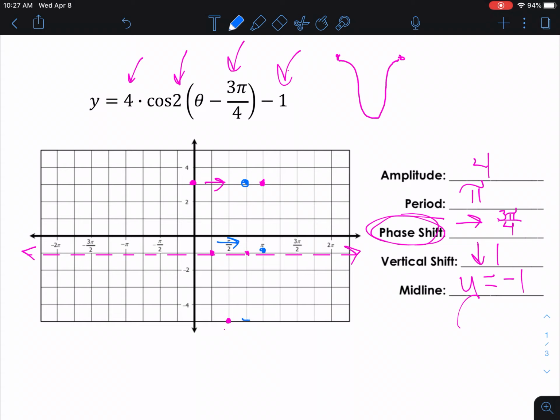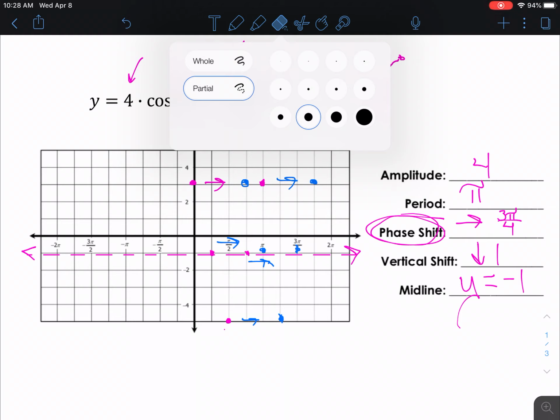And then this, I'm going to move 3 over here. And then 3 units, 1, 2, 3. And then this last one, 3 units over. That gives me that.